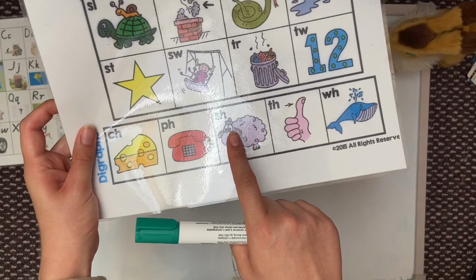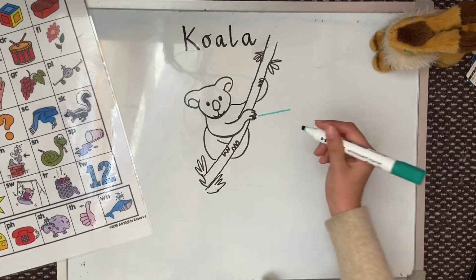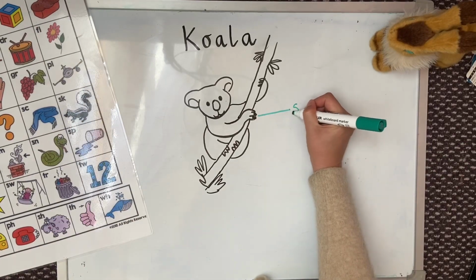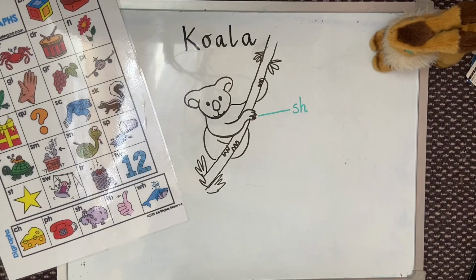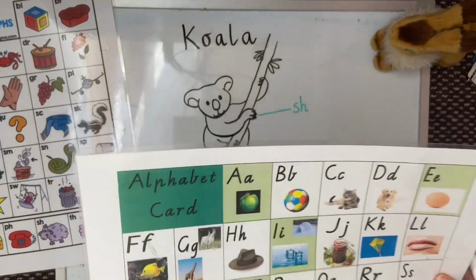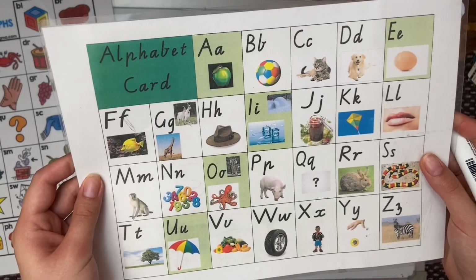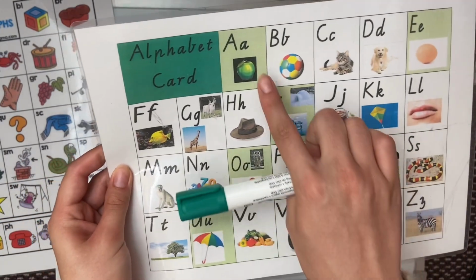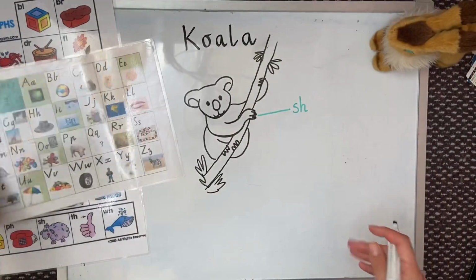The sh digraph is made up of an S and a H. So I'm going to write an S and a H. Sh. Do you know what letter makes the sound? That's right, A. Sh.